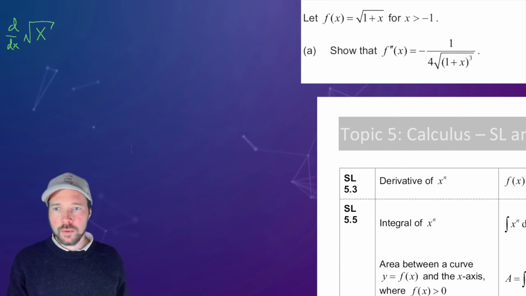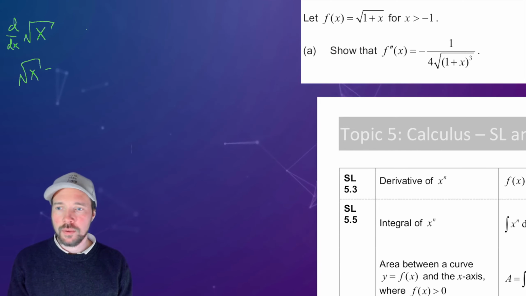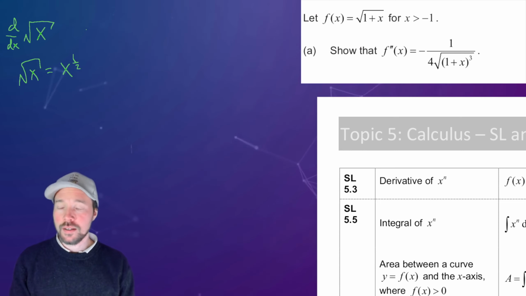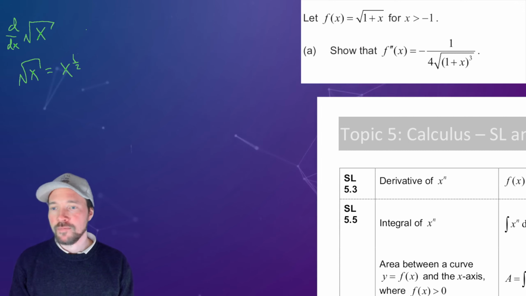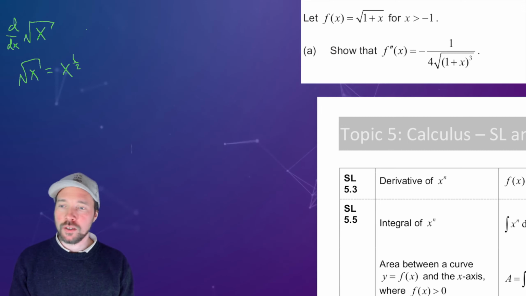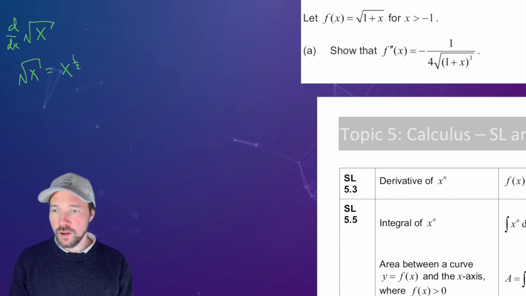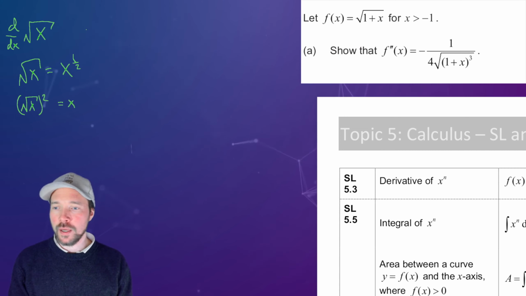because we know that square root actually is the same thing as x to the power half. How do you know this? Well, we know this because as we already mentioned, square root is the inverse of squaring something. So square root of x, the second power, is supposed to be x.